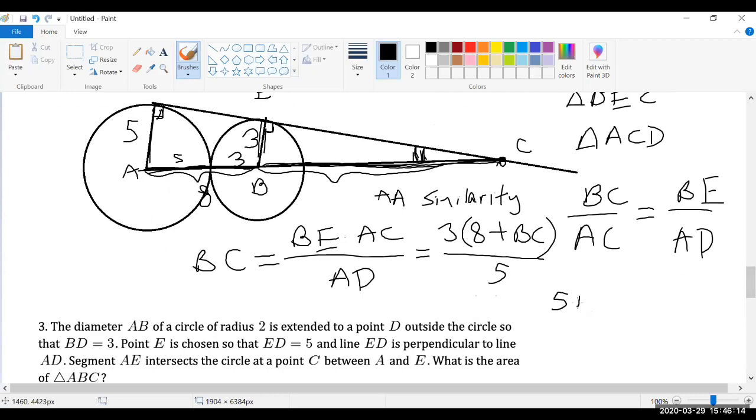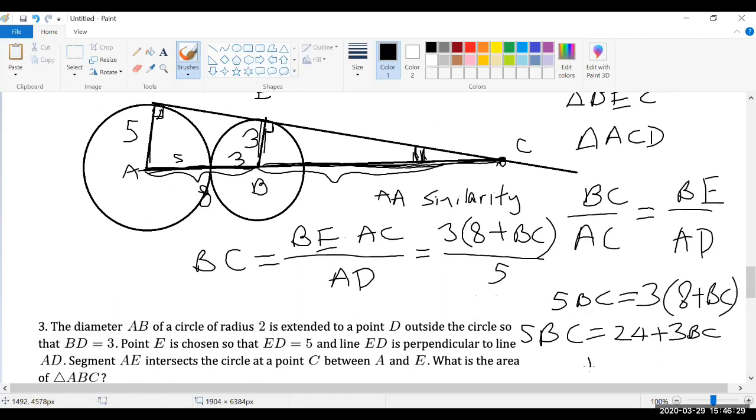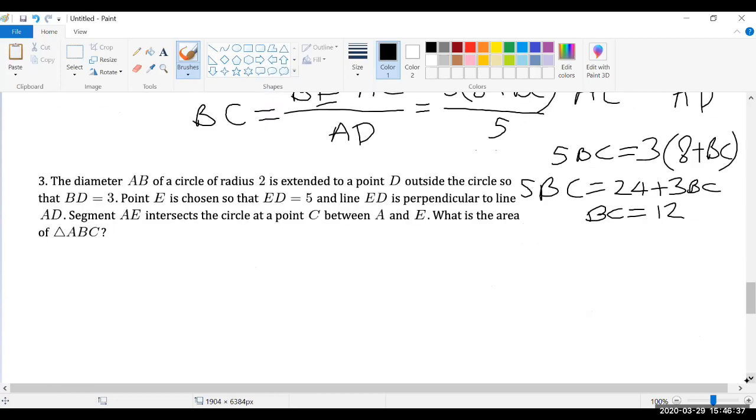We have 5 BC equals 3 times 8 plus BC. So 5 BC equals 24 plus 3 BC. And then BC equals 24 over 2, which is 12. So that's the answer you should have gotten.